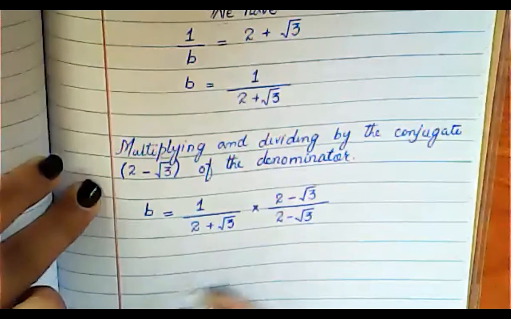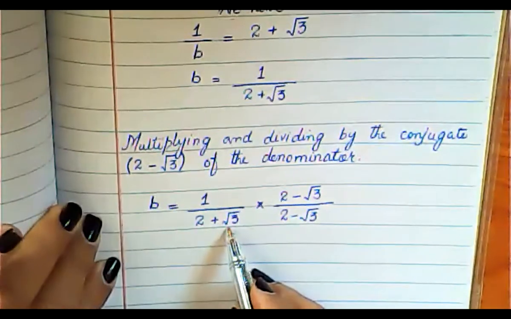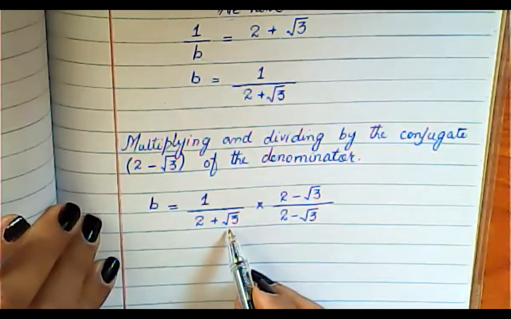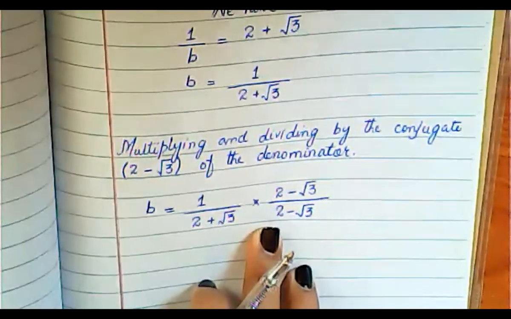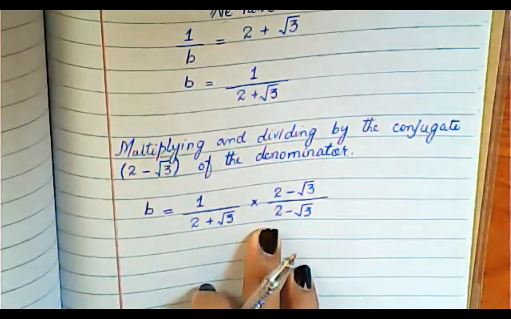Why are you doing this? Because you have to rationalize the denominator, and when rationalizing you multiply and divide by the conjugate.